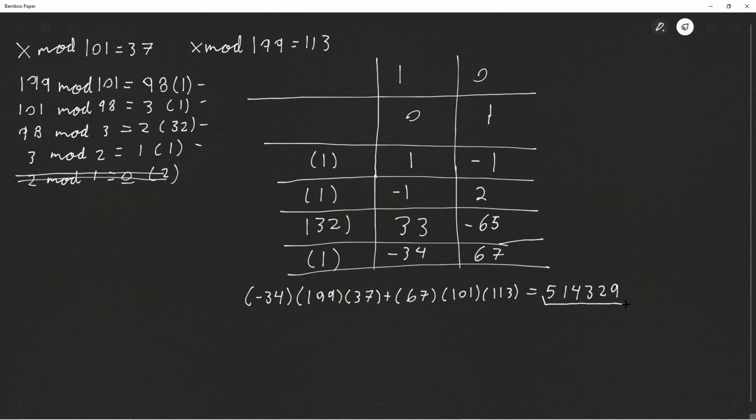But since this is such a large number, we're actually able to reduce it. So the way to reduce it is going to be taking 514,329 and taking it modulo our two mods, which is 101 multiplied by 199.